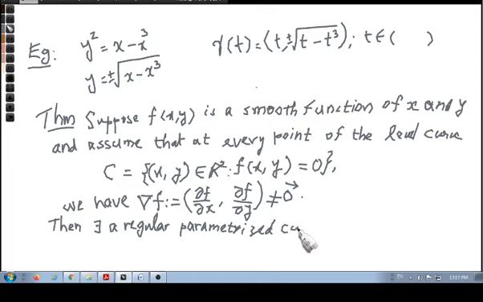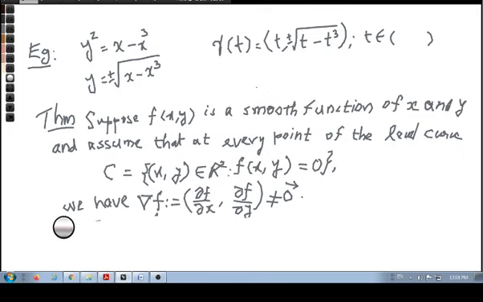So let me remove this. I will add one more thing. So let P be a point on the curve.